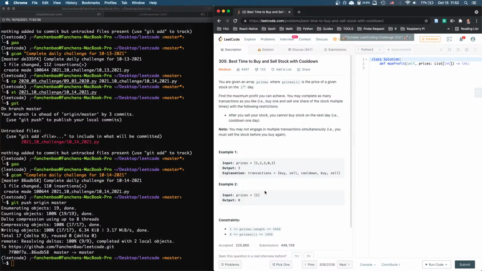Alright, so state machine. We have 3 states in this one. We have a state called hold, which is we're holding something. We have a state that is empty, we don't have any, and we have a state that is cool down.